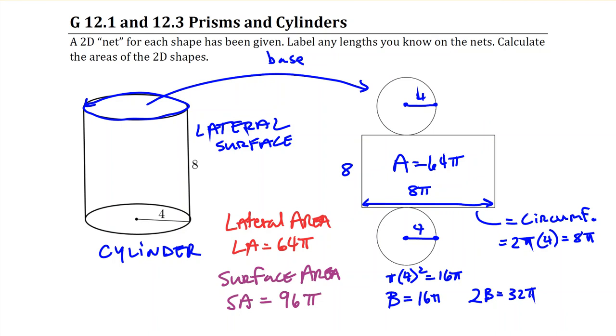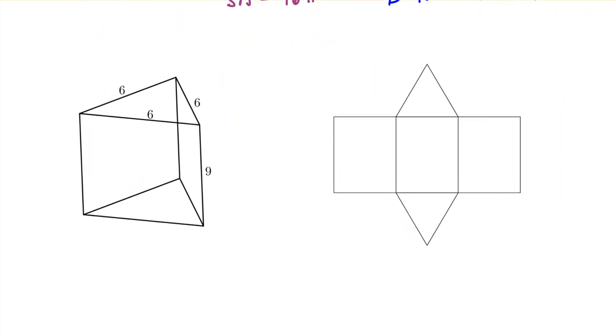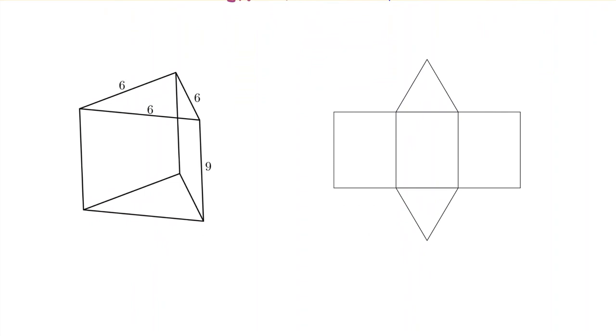Let's do an example with a prism instead of a cylinder, and we'll see how the approach is similar. So we've got two triangular bases, and we have a two-dimensional net for our prism, shown to the right. What makes this a prism is we've got two polygons that have been connected by rectangles.